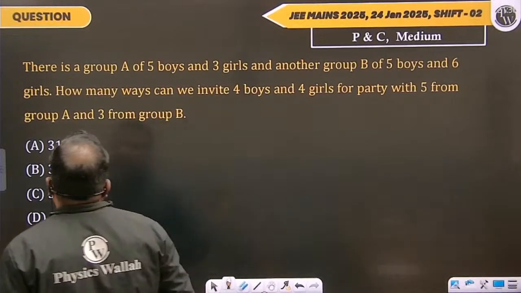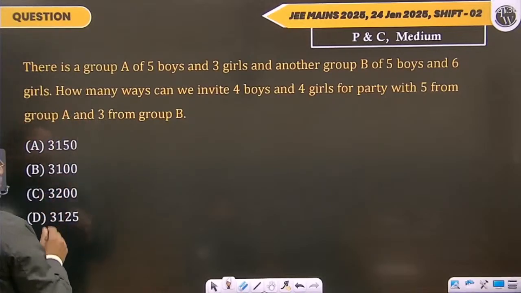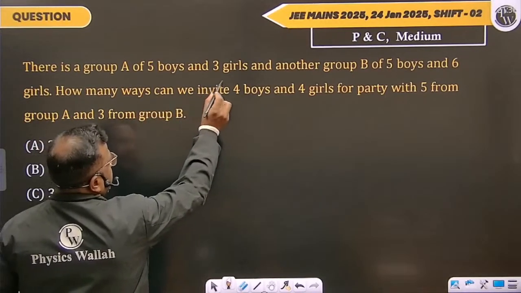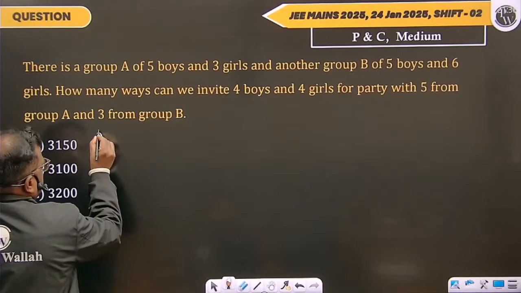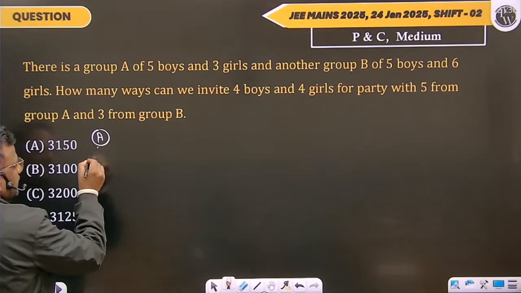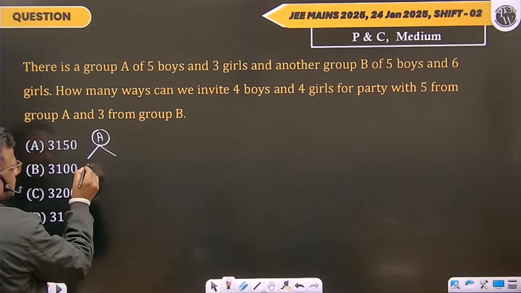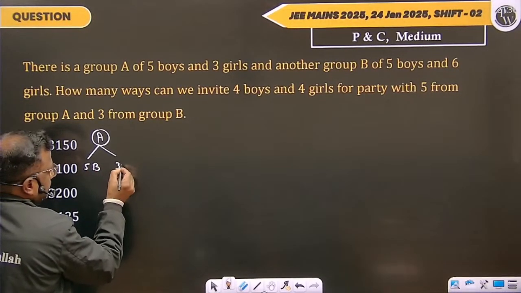Everyone knows that these questions belong to PNC, permutations and combinations. This question is medium, you can say it is a medium question. Okay, now what is the question? There is a group A of 5 boys and 3 girls. It is the group A. There are the 5 boys and 3 girls.